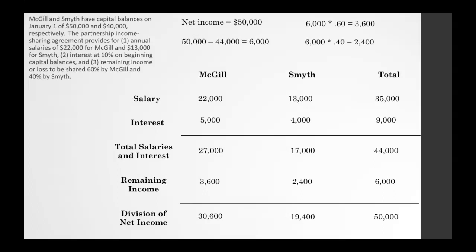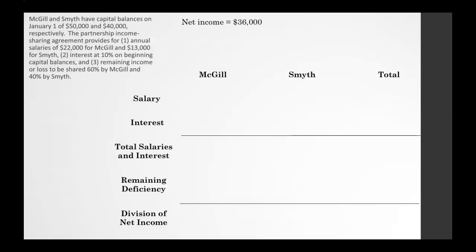And that's your net income amount. So that grand total there will always equal your net income. Because what we're doing is we're dividing up that 50,000 between our different owners. So McGill gets 30,600 of it, Smith gets 19,400 of it.